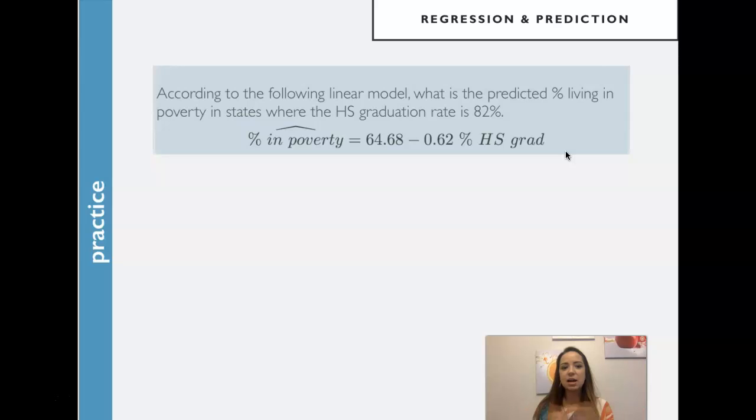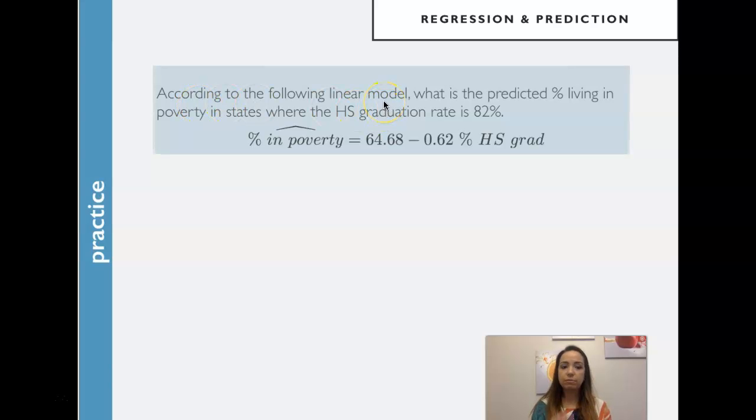What is the expected percent poverty in our population? We can actually plug that percentage here, multiply by this, and then subtract from here to get to percent poverty, right? So this is the exercise we're doing, right? So prediction. If I know a value of high school graduation, how can I know what poverty looks like?